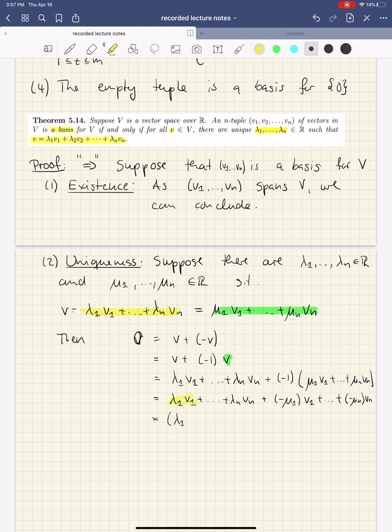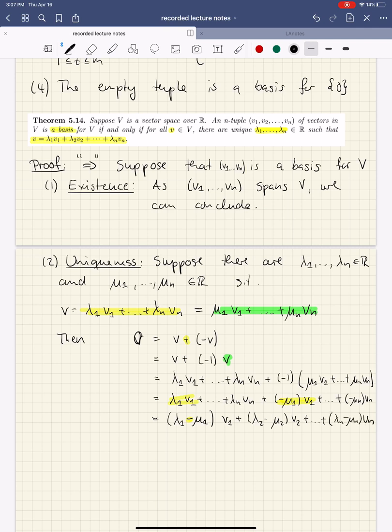So we have lambda 1 v1, and then minus mu 1 v1. Here I'm quite careful: in R, I'm okay to write minus, but in the vector space, I'm not supposed to write minus. Plus lambda 2 minus mu 2 times v2, all the way up to lambda n minus mu n times vn.